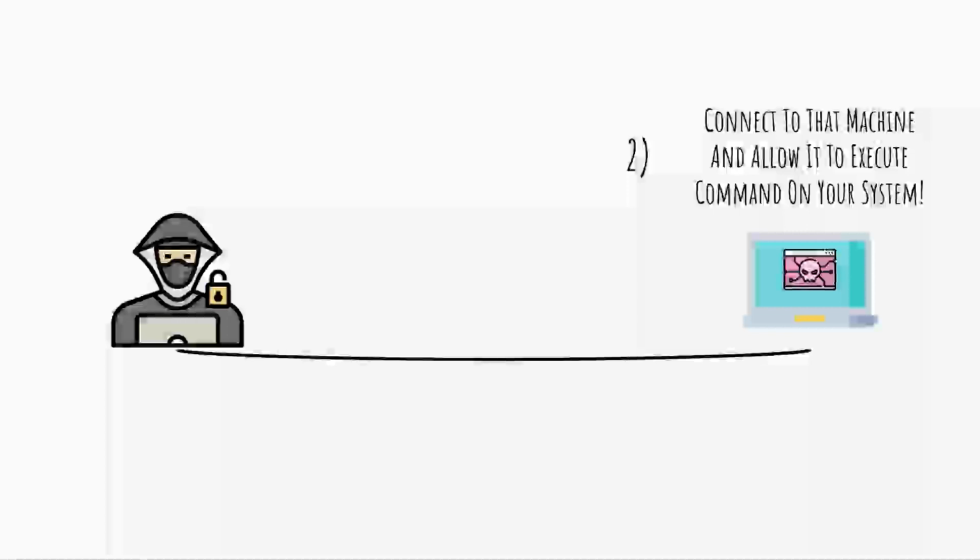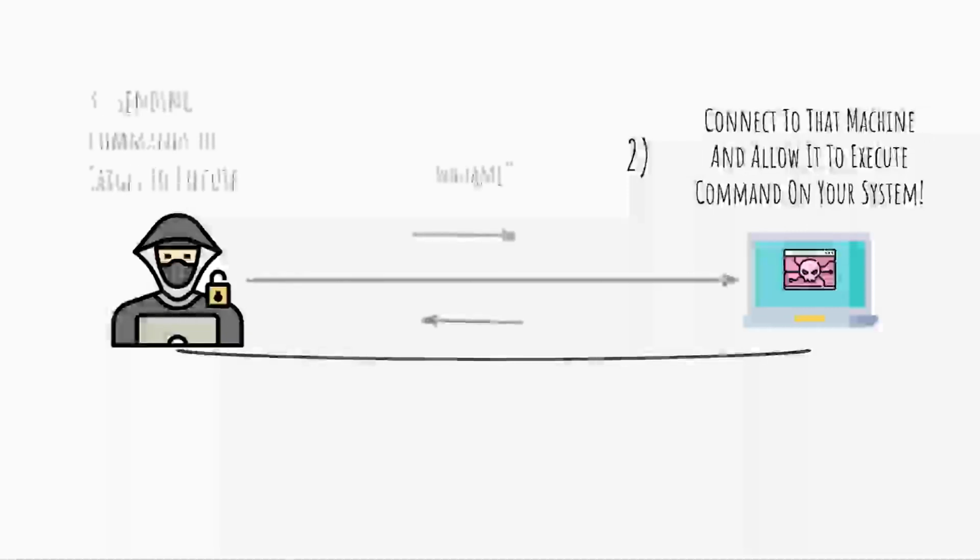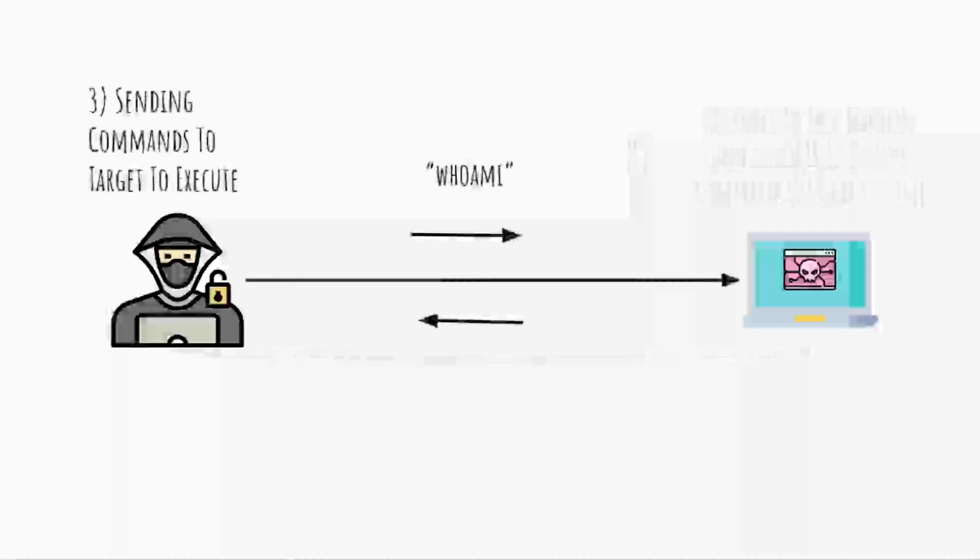And that other machine would be our Kali Linux. The third step is pretty easy. We just send the commands that we want our target to execute. We navigate through files, run other programs, and in return, the target sends us the output of the commands we executed. Picture it like using the target's terminal from our Kali Linux machine.